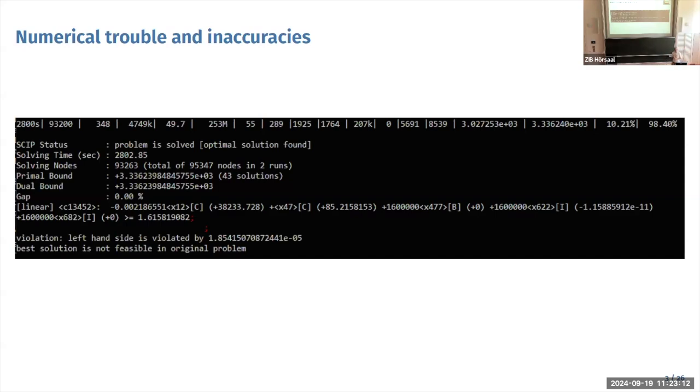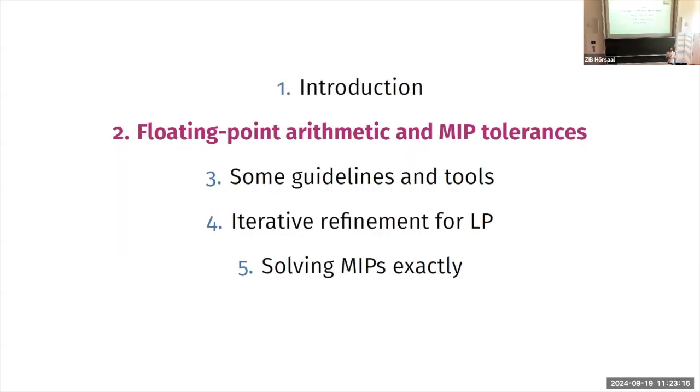In the second part, I want to go a bit into how you can actually try to solve linear programs and MIPs exactly. So some algorithms that might give you solutions that really have no violation at all, and where you can even prove that the result is optimal.